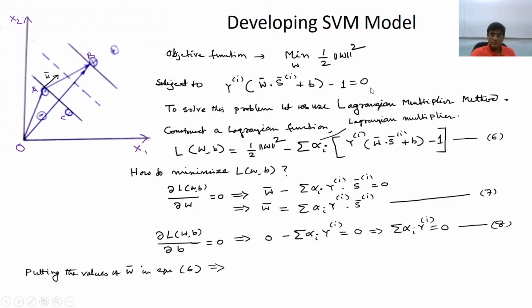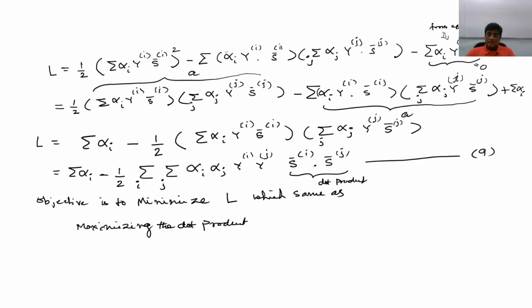If it is greater than 0, it definitely belongs to the positive class. Less than 0, it belongs to the negative class, and equal to 0, which is highly unlikely, happens for samples on the gutter. This is called the primal problem, and we have solved it.